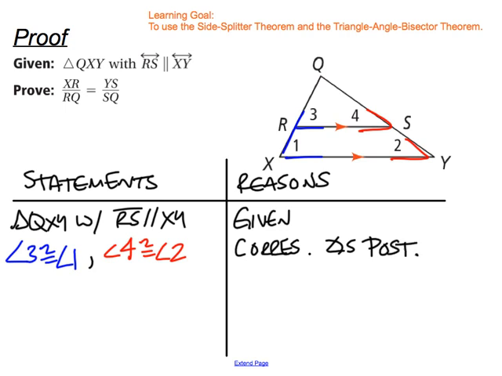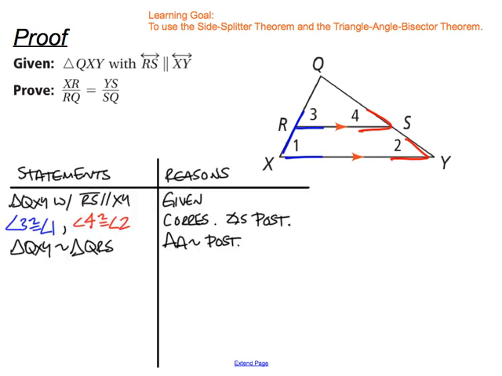Because of that, and something else that we picked up in chapter 7, we can say that those two triangles are similar. We can say that triangle QXY is similar to triangle QRS by the angle-angle similarity postulate. So we've now proven that triangle QXY is similar to triangle QRS.